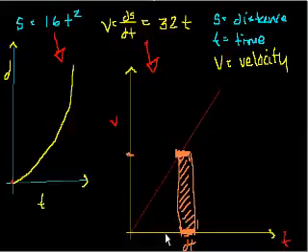Well, if we wanted to figure out the distance that you travel after, let's say, t sub naught, this is just a particular t, after t sub naught seconds, then all we would have to do is do a bunch of dt's.